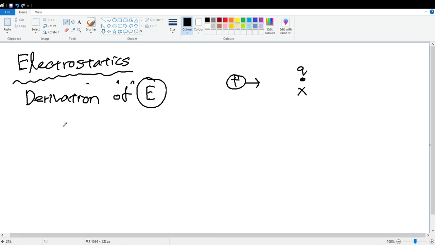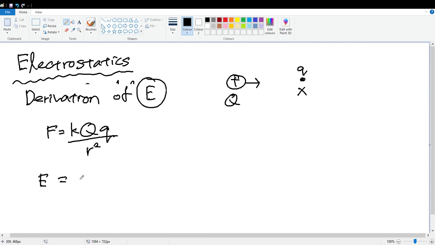Basically, my force is equal to k, Q, capital Q, and this point consists of a small q, and this is the distance between them, r. In this case we do not consider the direction. What we need to do is find the force per unit charge acting on x.